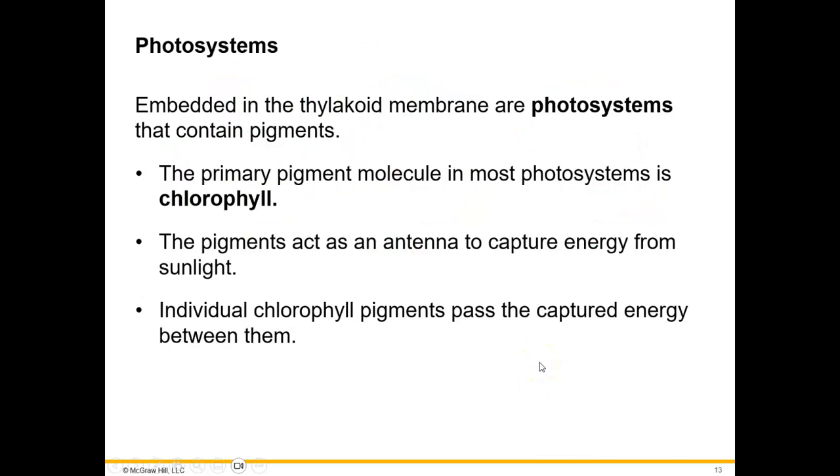There are photosystems embedded in the thylakoid membrane, and they contain these pigments. The primary pigment molecule in most photosystems is chlorophyll, and this pigment acts as an antenna to capture energy from the sunlight. When we think of the purpose of an antenna, like when we're trying to get better cell reception or better reception on our radio, we're funneling those waves to a specific point.